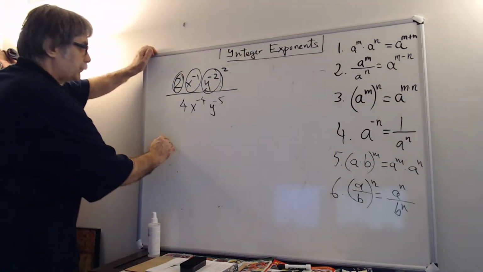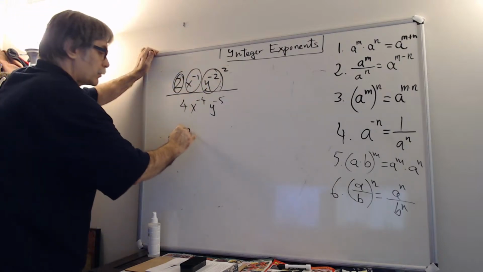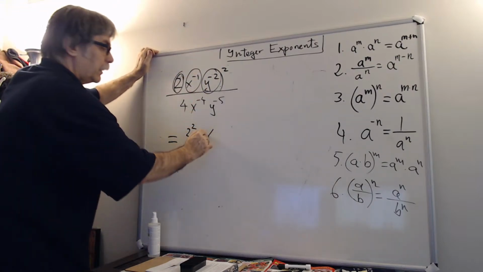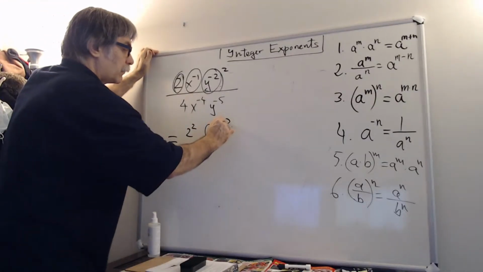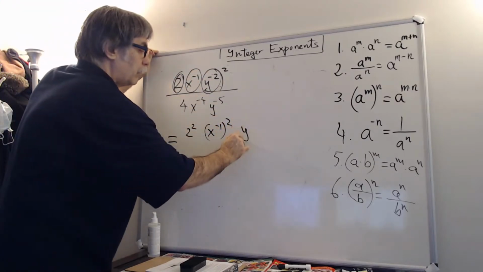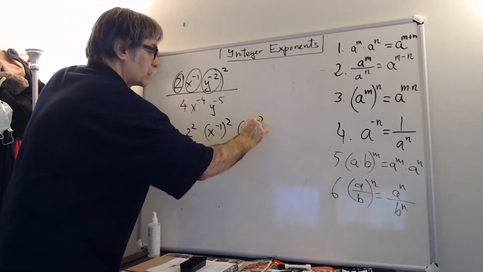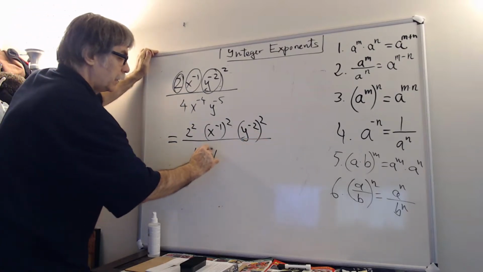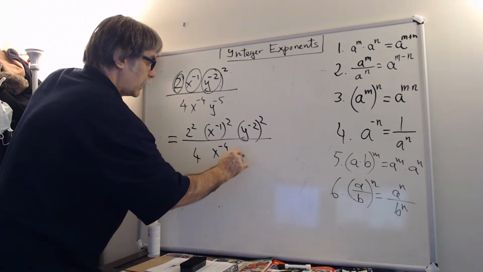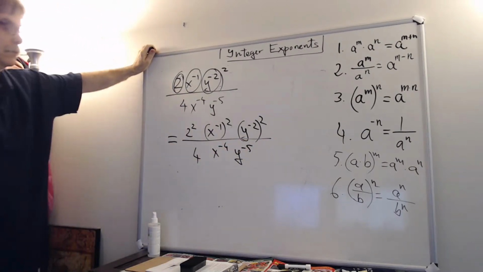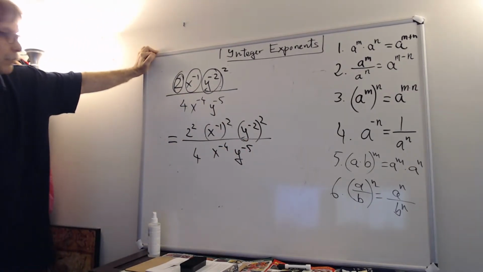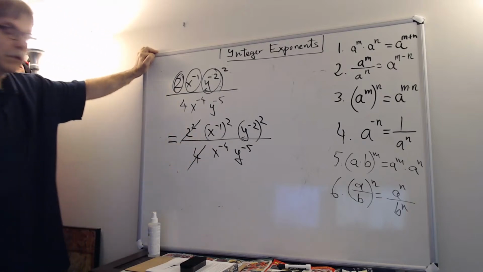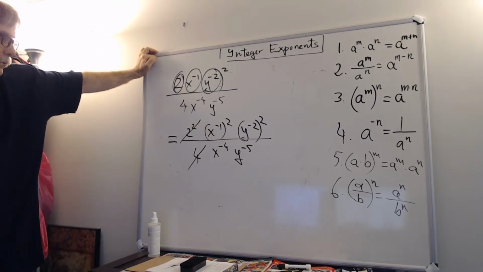So I'm going to have 2 to the power of 2, x to the -1 to the power of 2, and y to the -2 to the power of 2, divided by 4 x to the power of -4, y to the power of -5. Now it's easy. First of all, this is 4 and this is 4, a common factor, so you can cancel.